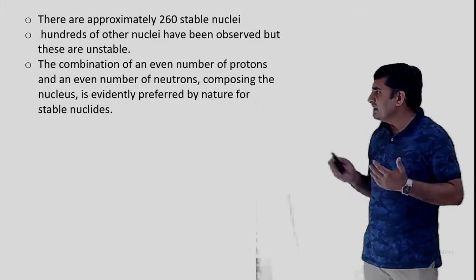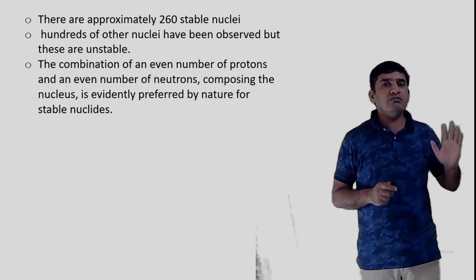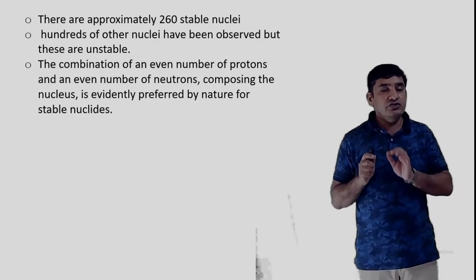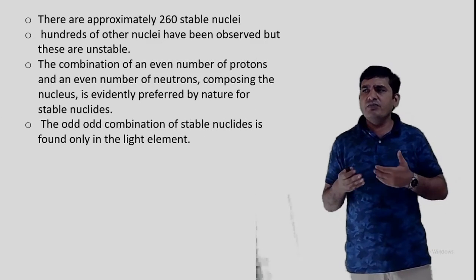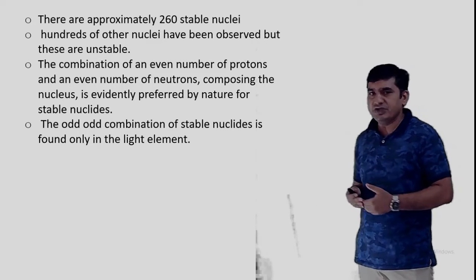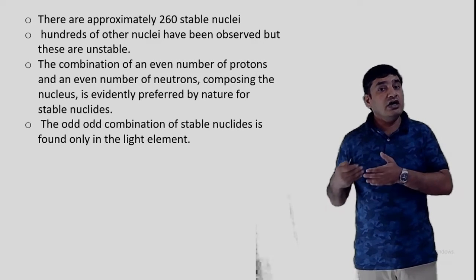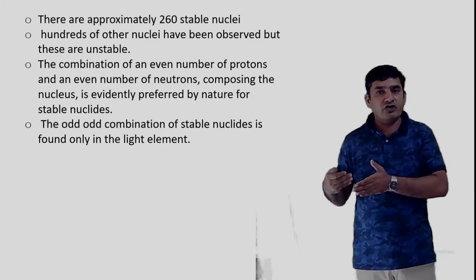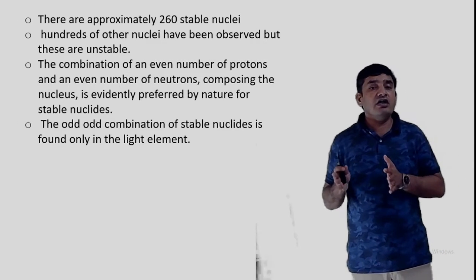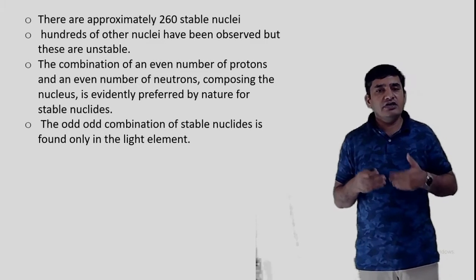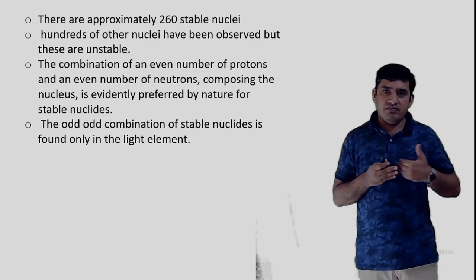We can say that if there is an even number of protons and an even number of neutrons, then the nucleus is stable. But in some cases, an odd number of protons and an odd number of neutrons is also stable for lighter elements, those having small atomic mass.